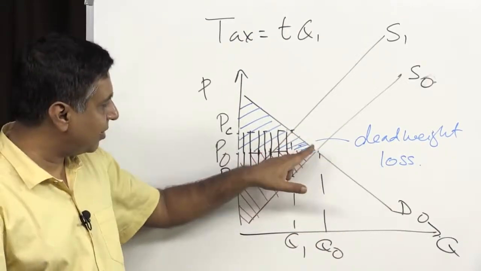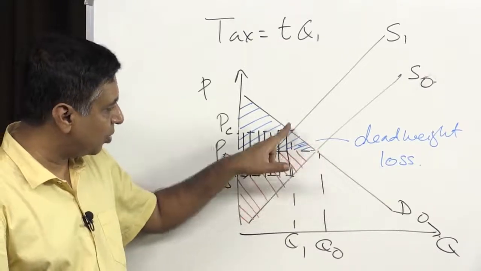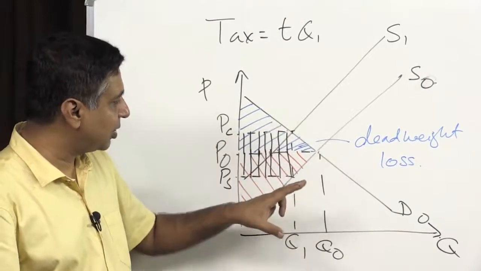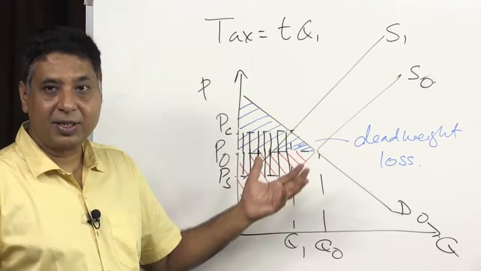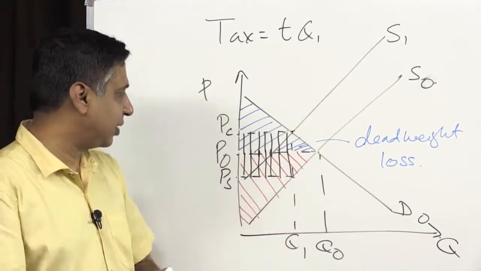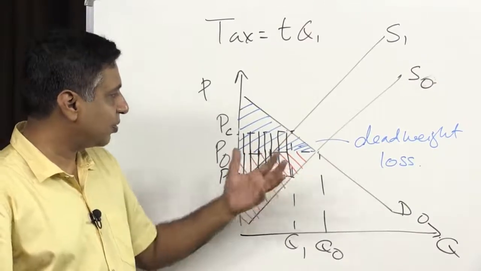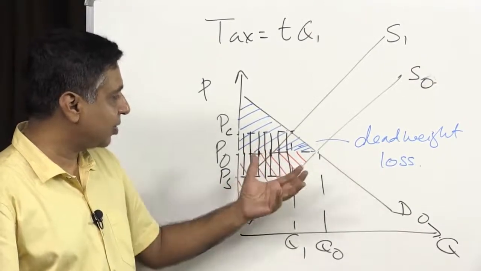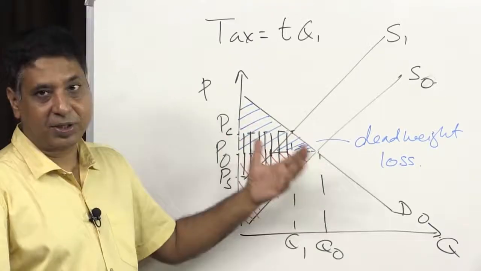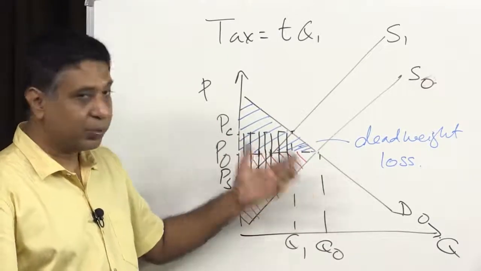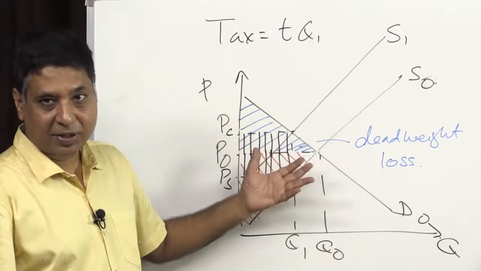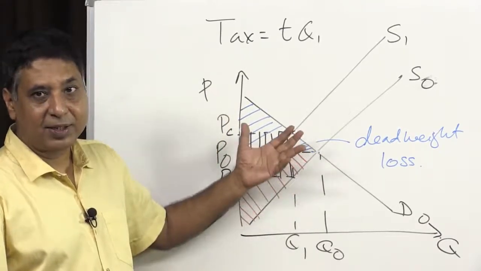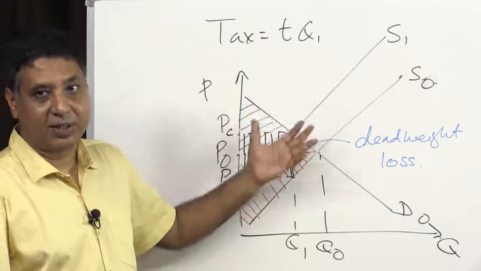So, there are again people who would have bought and sold, but who are not doing so because of the imposition of the tax, and that is the real loss in welfare. The loss from taxes comes because people change their behavior. We work less because of income taxes, we buy less because of sales and excise taxes.